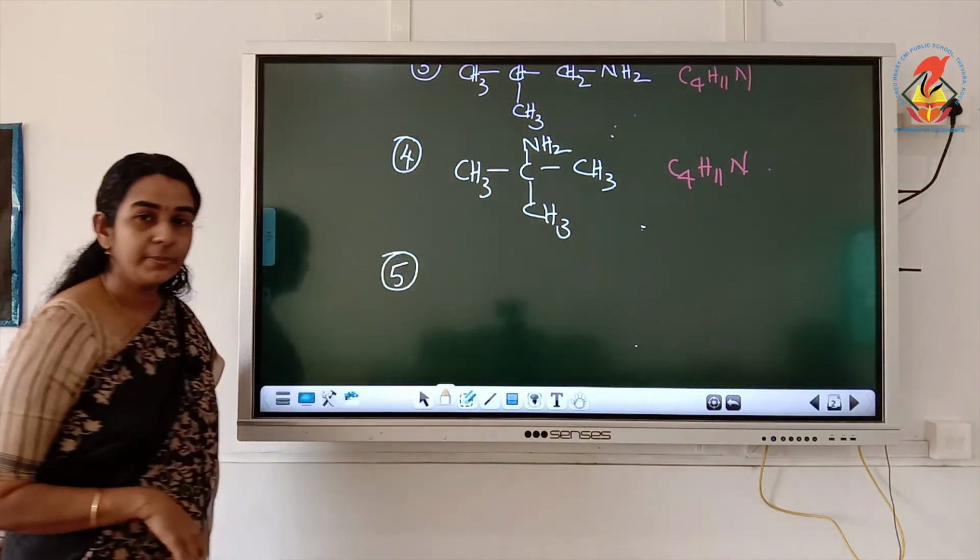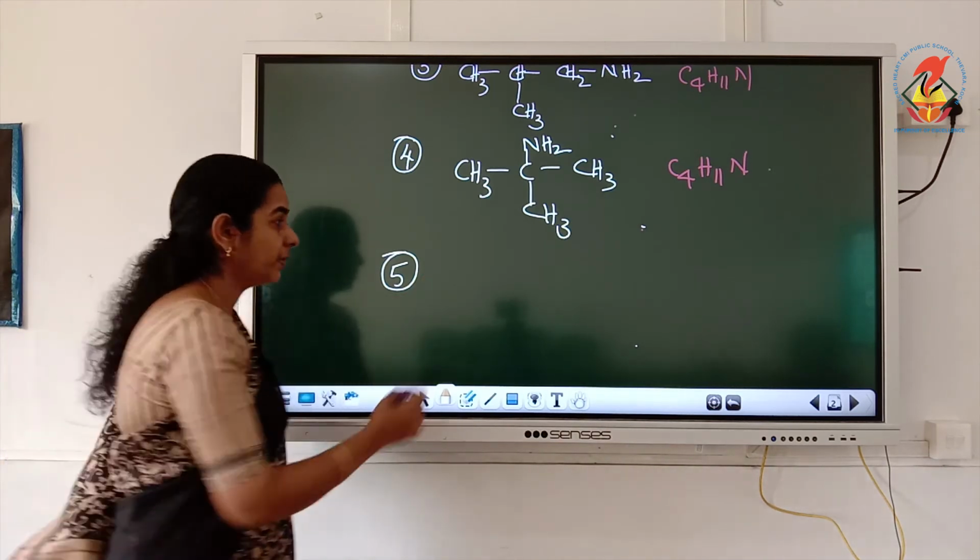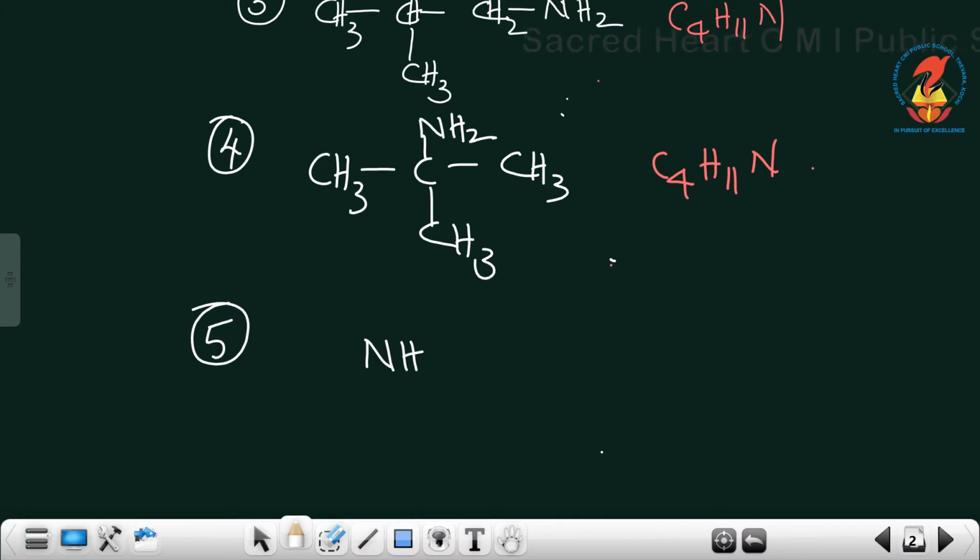Now the fifth possibility is I am writing the structures of secondary amines. Secondary amines means it will be NH, and nitrogen will be attached to 2 other carbon atoms. Here we have a total of 4 carbon atoms. How can we arrange the 4 carbon atoms on either side of nitrogen?